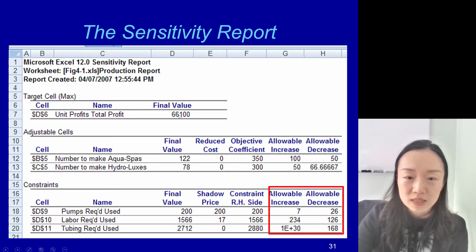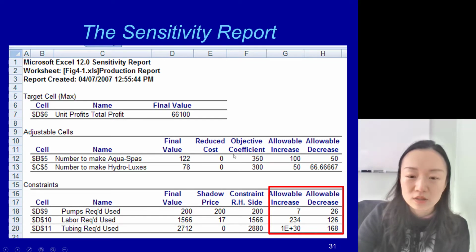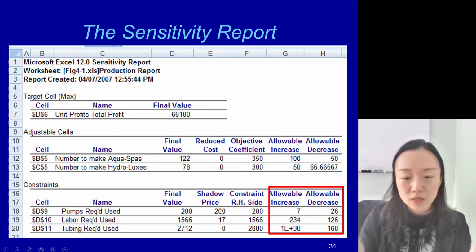It will be from 66100 subtract 26 multiplied by 200 to 66100 plus 7 multiplied by 200. So that will be the range of my optimal objective function value, my total profit.